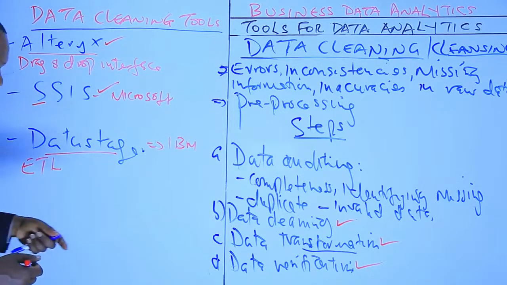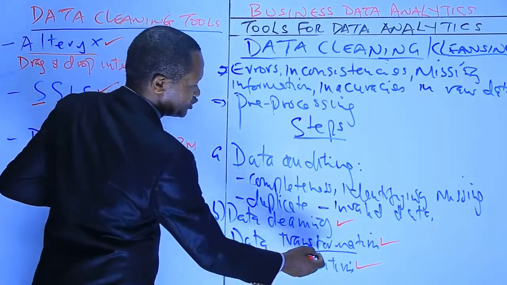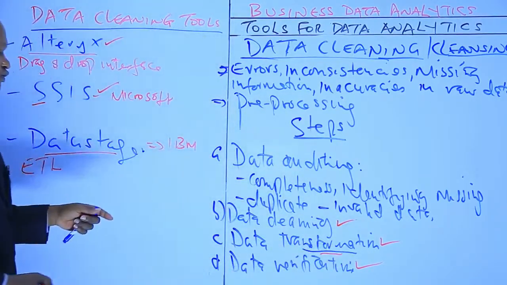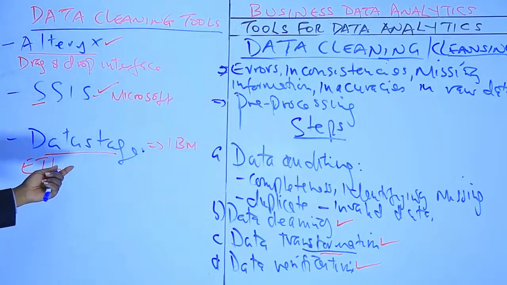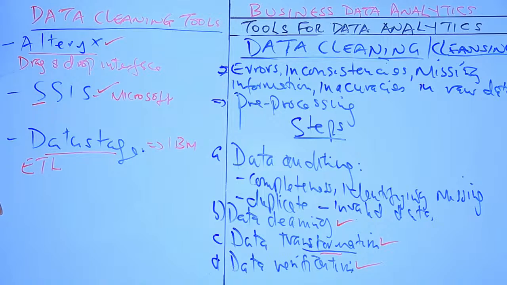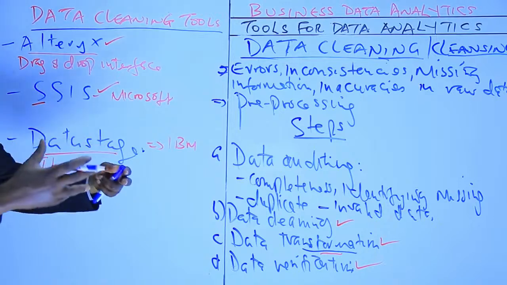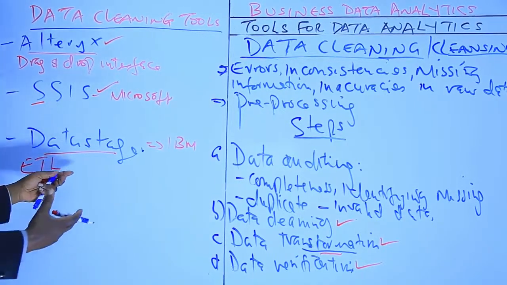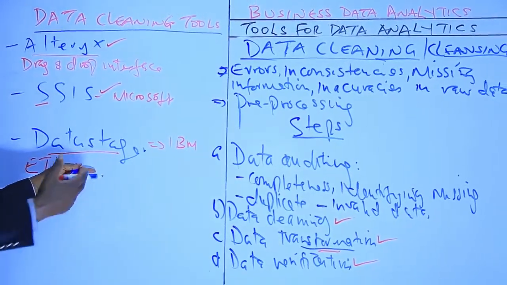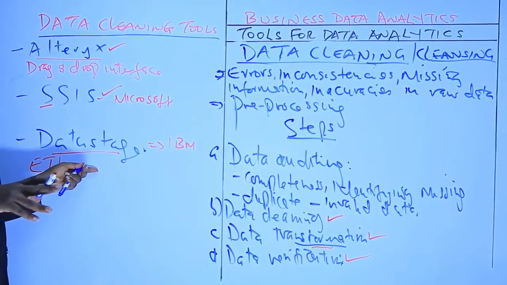You recall the fourth stage in data cleaning is transformation. So when transforming data, this software can be used in doing that. Integration and transformation of large volumes of data, and that it does from various sources. All right?